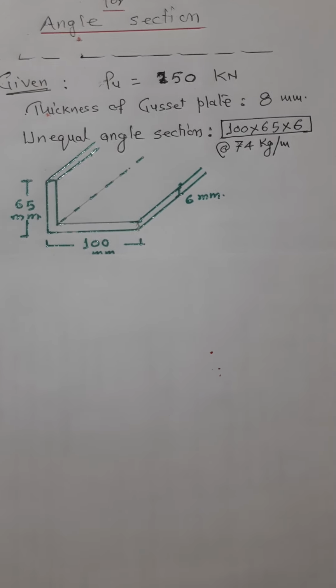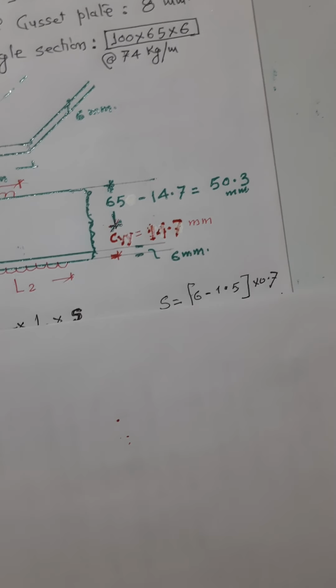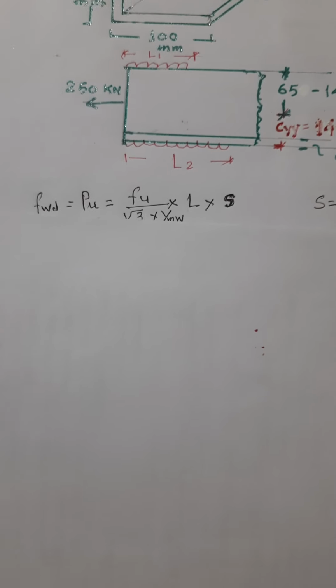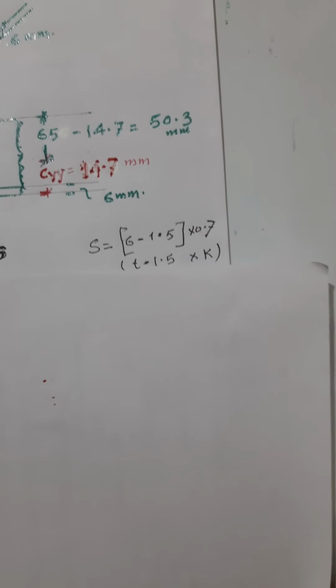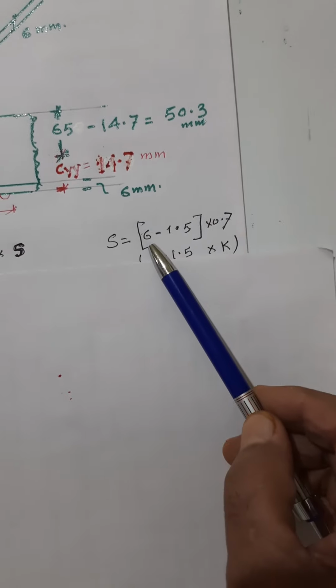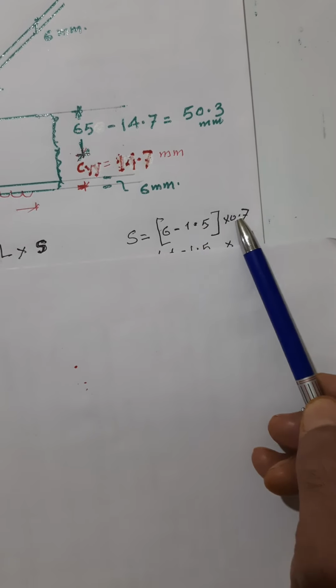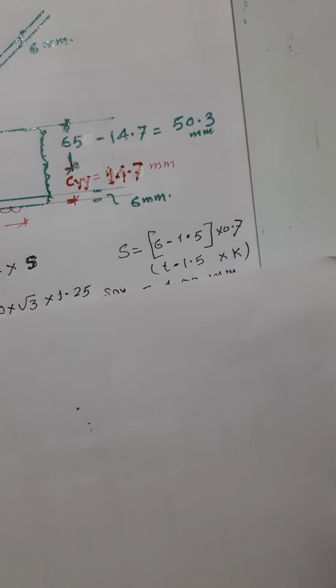From this we can calculate the size of the fillet weld: 6 minus 1.5 into 0.7, rounding it on the higher side.